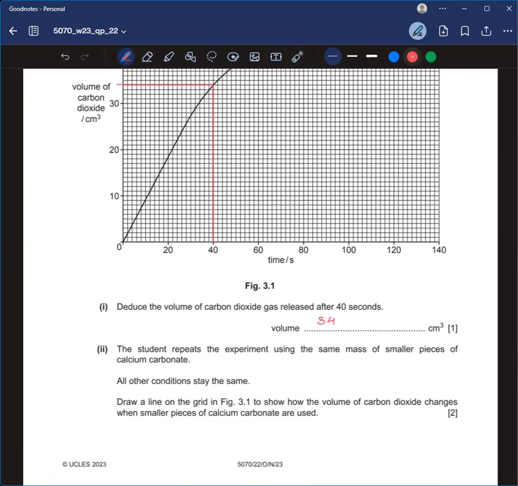The student repeats the experiment using the same mass of smaller pieces of calcium carbonate. So it's basically the rate of reaction question. All other conditions stay the same. Draw a line on the graph in figure 3.1 to show how the volume of carbon dioxide changes when smaller pieces of calcium carbonate are used.